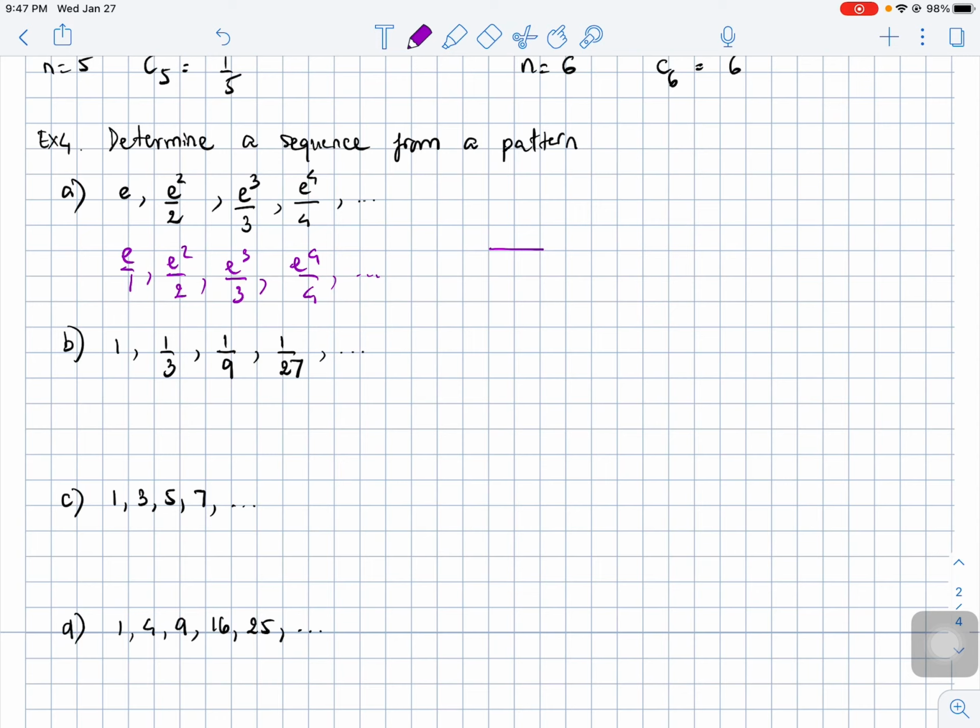Those are the variable, and we will plug in n equal to 1 for the first one. So the bottom has to be n, and this n is the variable, it will change. And e to the power 1, 2, 3, and similarly in the bottom. So we have e to the n. Now we check again by plugging in starting from n equal to 1.